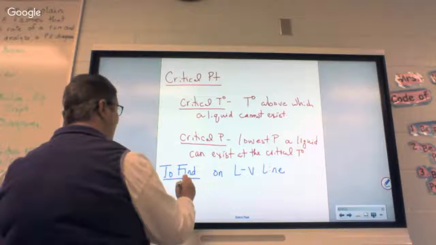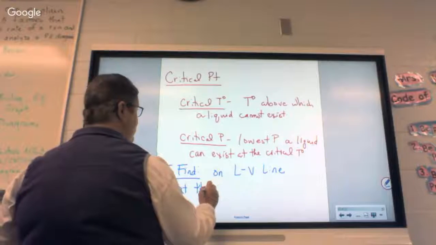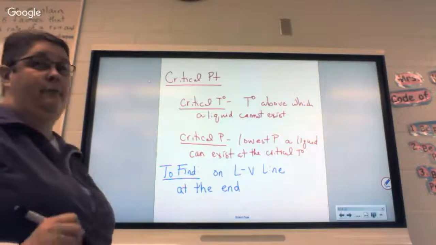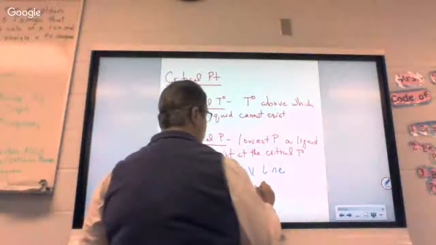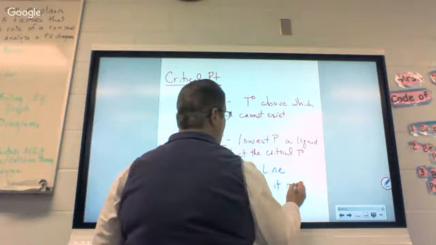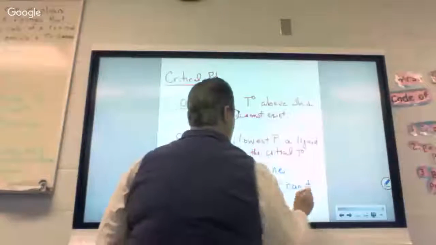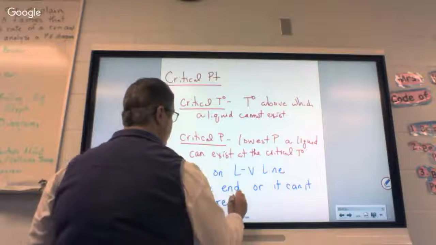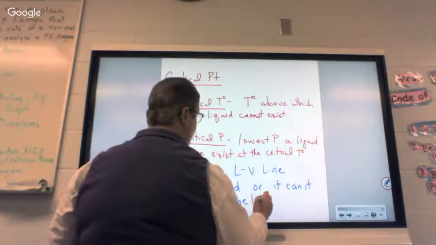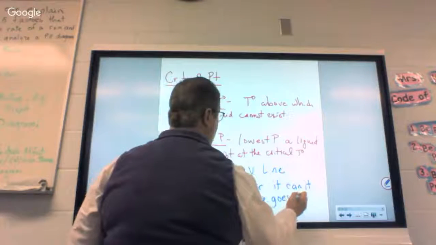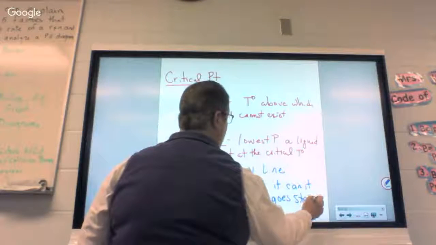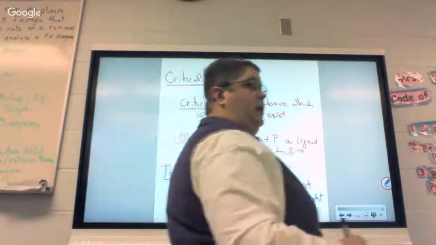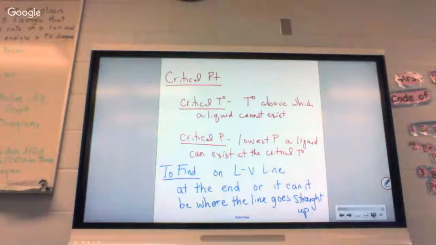It is either at the end, which is what you typically see, or it can be where the line goes straight up. It depends on the graph.